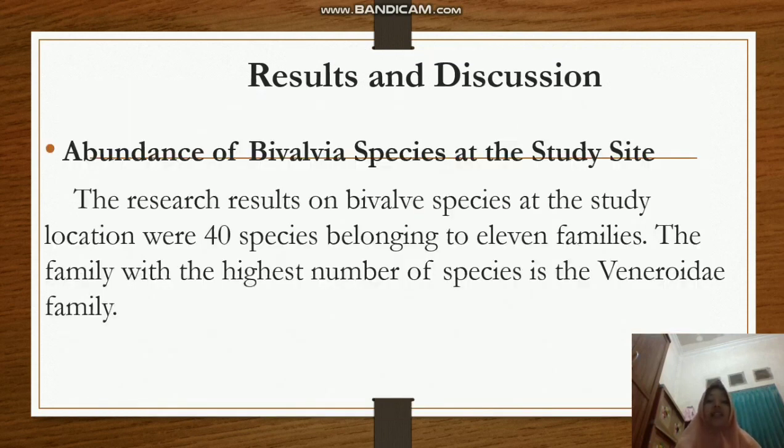Result and discussion about the abundance of Bivalvia species at the study site. The research results on bivalve species at the study location were 40 species belonging to 11 families. The family with the highest number of species is the Pteriidae family.